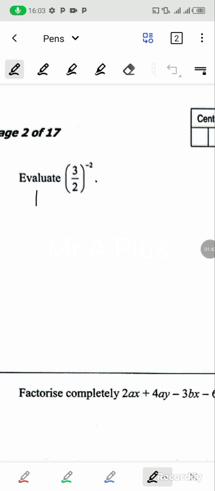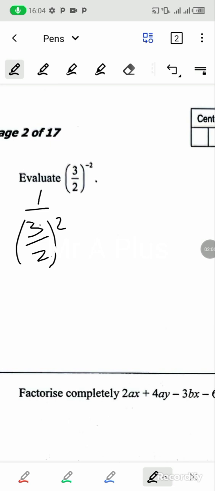So we are going to say 1 on top now, then over 1 over 3 over 2, open and close bracket, power 2.